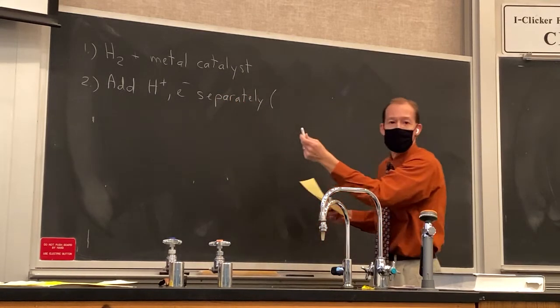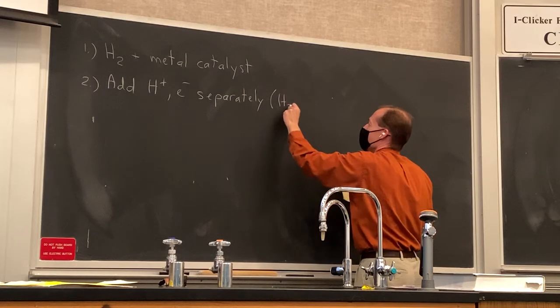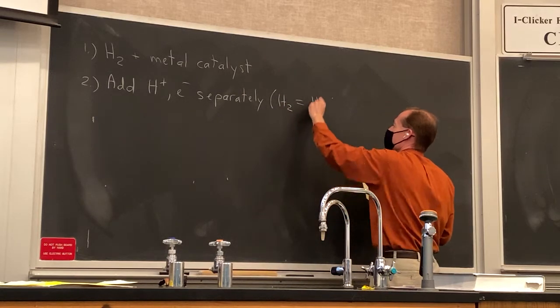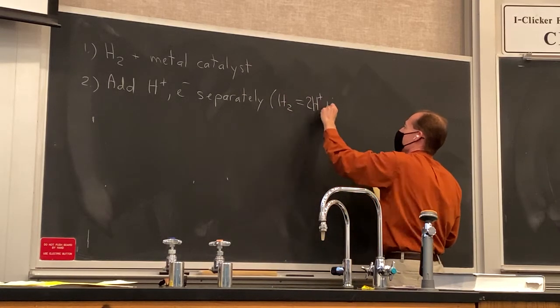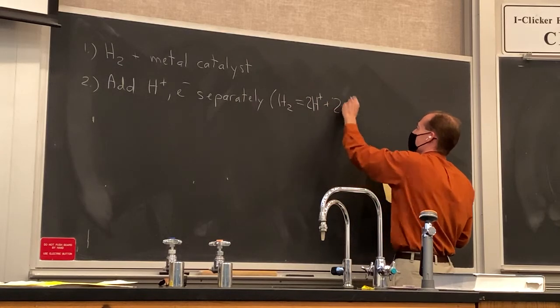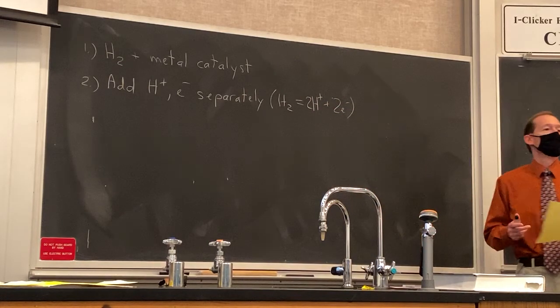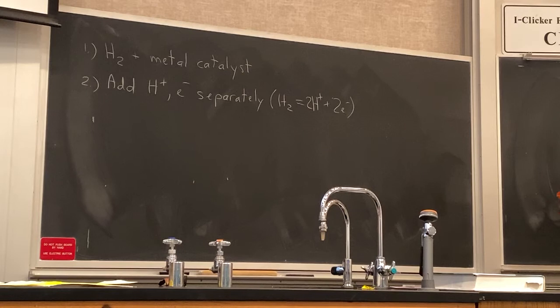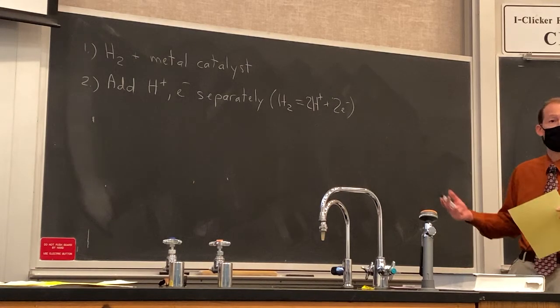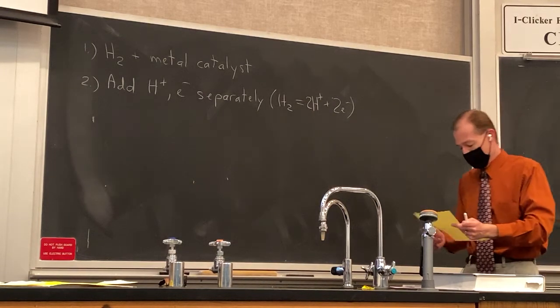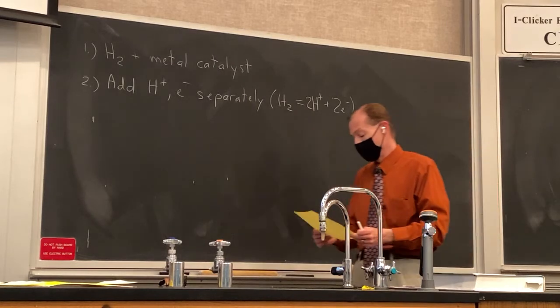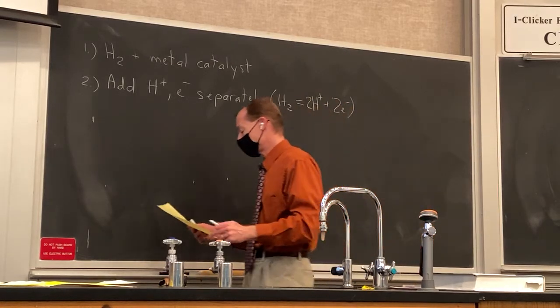So if we think about it, H2 is comprised of 2 protons and 2 electrons. So if we have one reagent that's delivering the 2 protons and another reagent that's delivering the 2 electrons, that's a second way that we can accomplish reduction. Okay? And we'll see that later today in class.